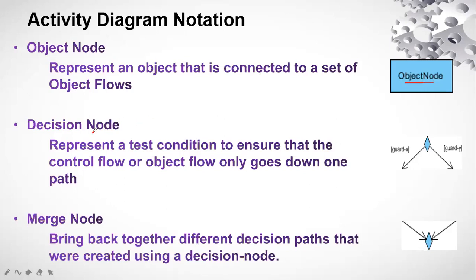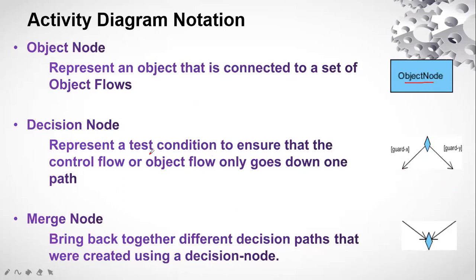Now next we have the decision node. As you all know, in a flowchart also we use a decision node, where a diamond box is there and it can have two branches out of this. It can be yes or no. You can understand it as an if condition, given in a diamond shaped box, and two arrows are flowing out of it.